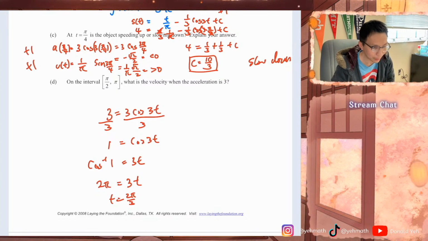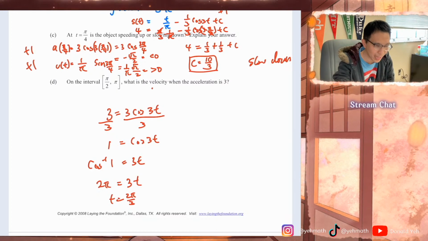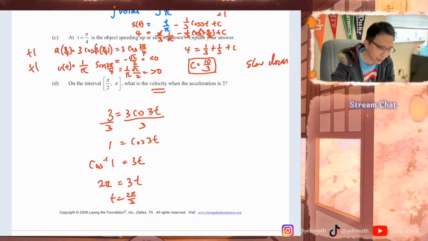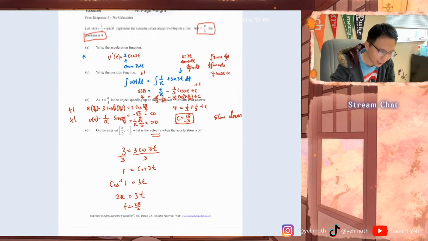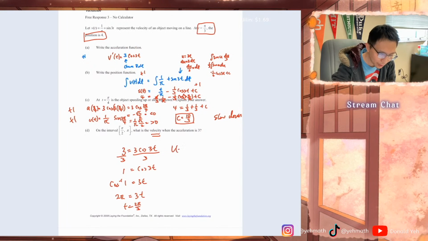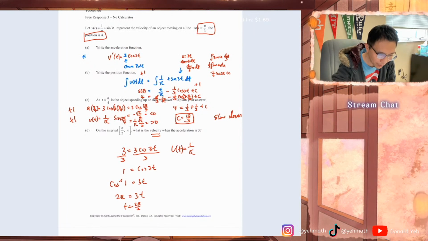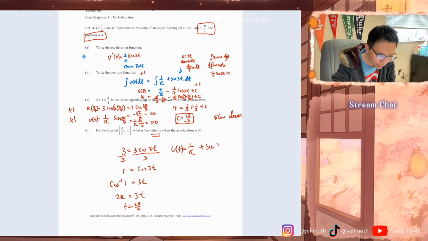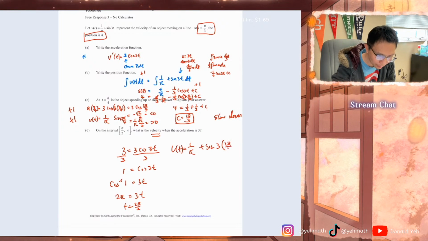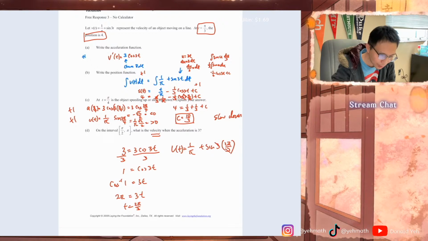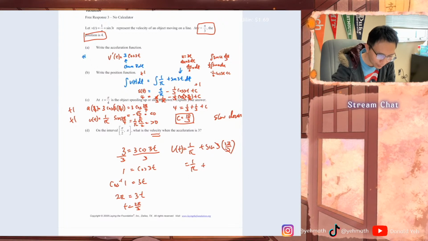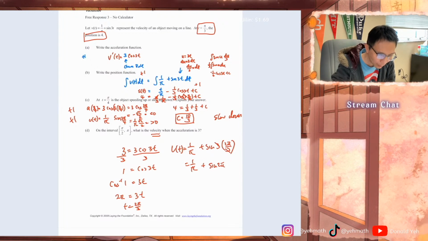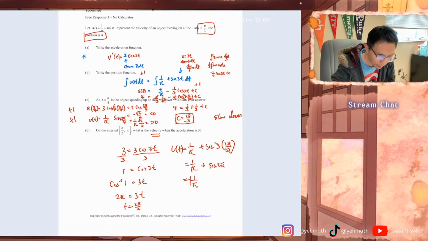But that's not what they ask. They say, what is the velocity? Guess what? You had to plug in 2 pi over 3 into the velocity equation. So the velocity equation is 1 over pi plus sine of 3 times 2 pi over 3. It turns out it cancels out nicely. 1 over pi plus sine of 2 pi, which is 0. So the answer is 1 over pi.